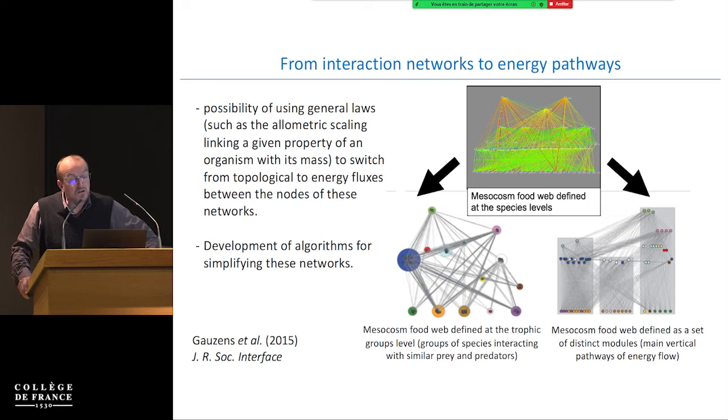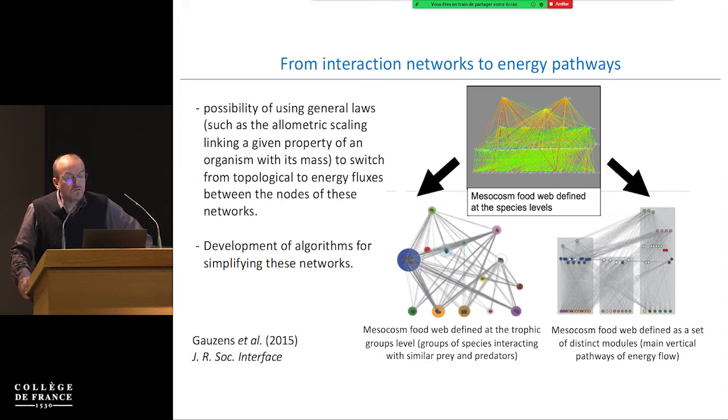For example, here you can see an example of food webs which was used in a mesocosm experiment. And we tried in these experiments to define the main trophic group levels, but a posteriori and not a priori.